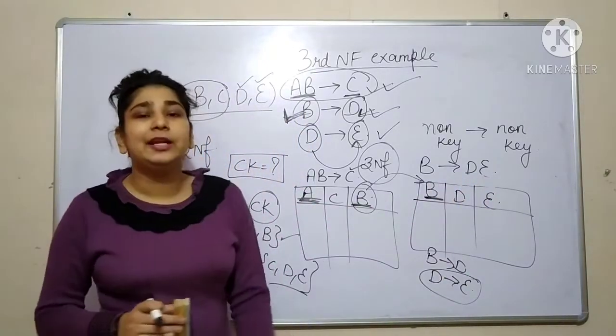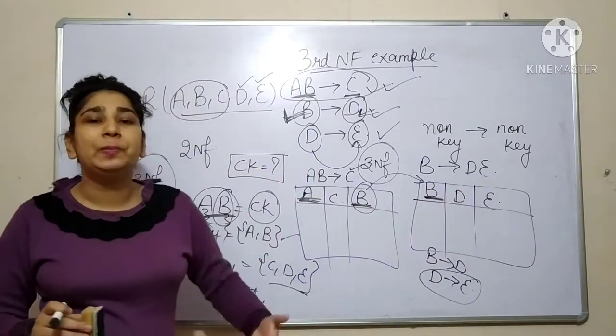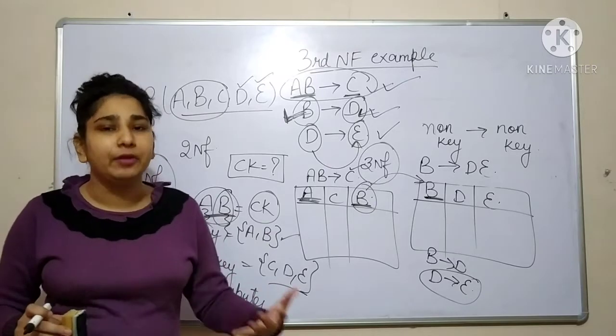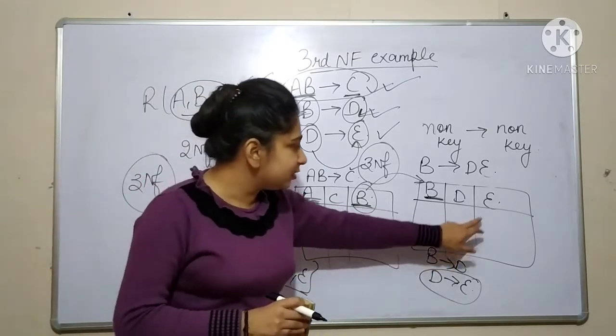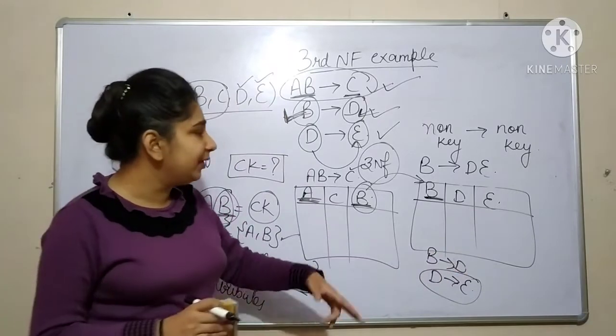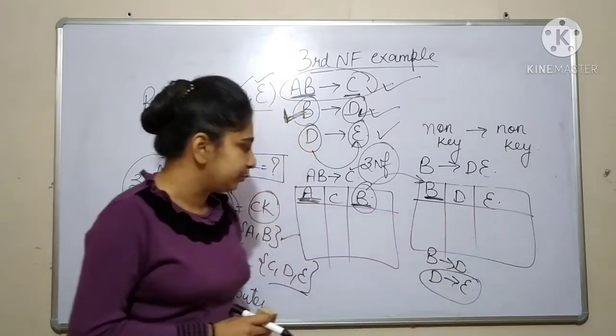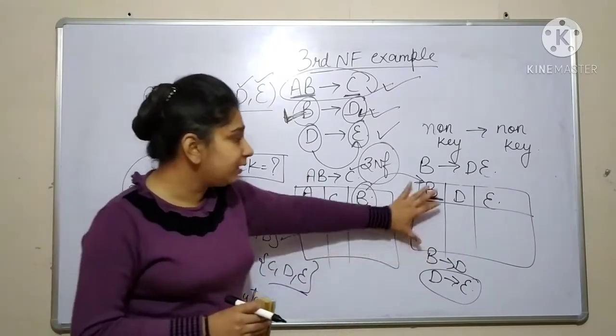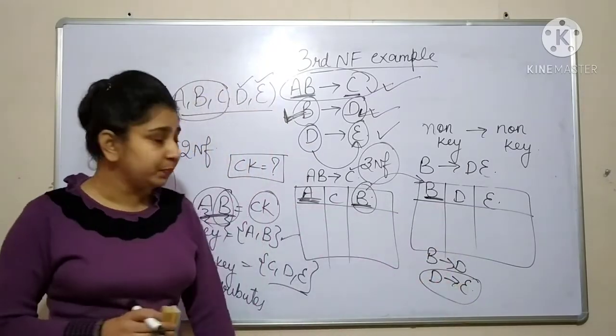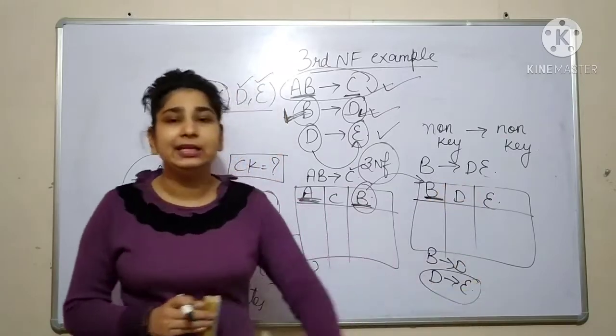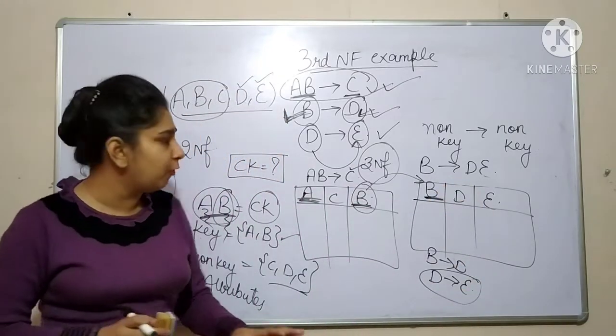Okay, non-key attribute means there are duplicated values in that attribute. So there is a chance that we might have a lot of redundancy between these two attributes. Okay, it is not in the third normal form. This relation BDE is not in the third normal form.